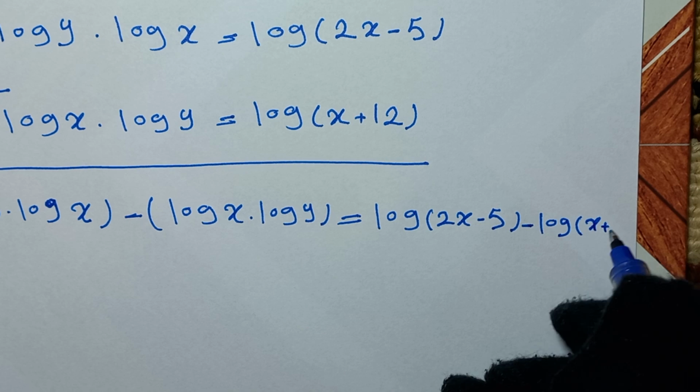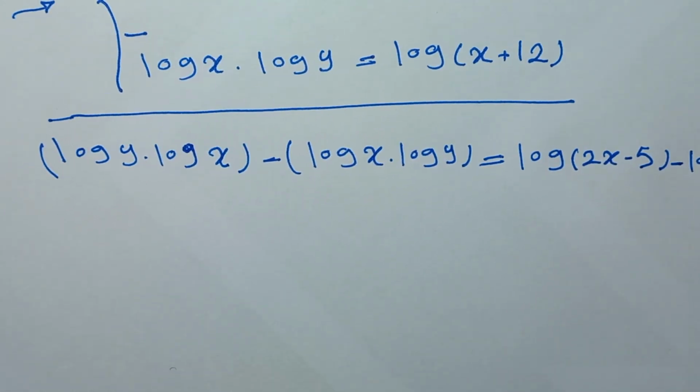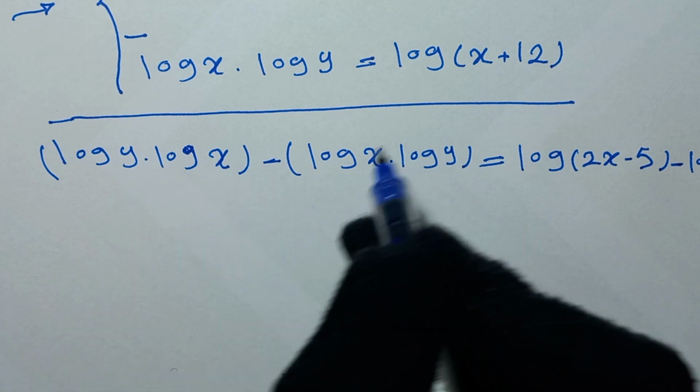So log y times log x minus log y times log x will be 0, right?